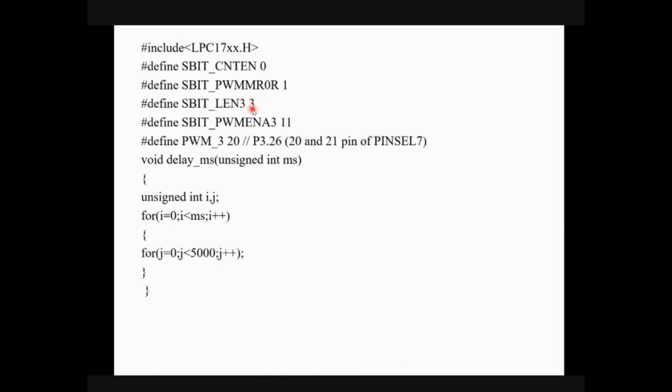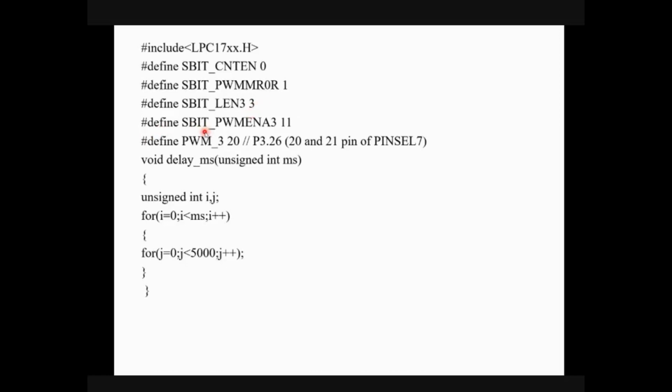In that register, bit 3 is dedicated for PWM3, and I have to make this high in order to load the new value into the MR register when the timer counter resets. To send that value, I'll be sending either 0 or 1 in my next program.